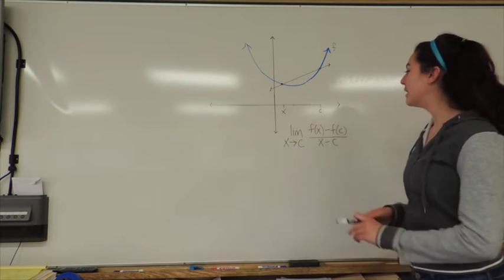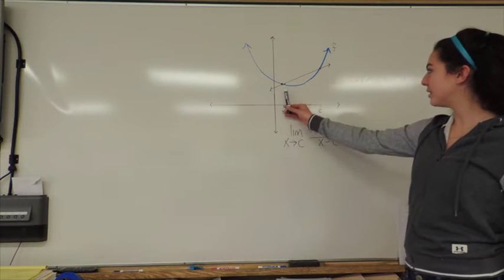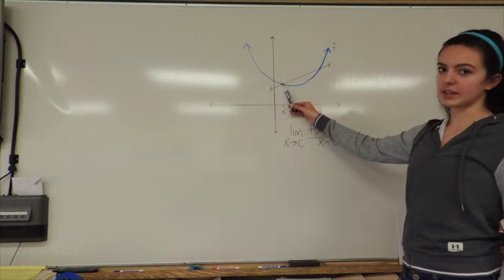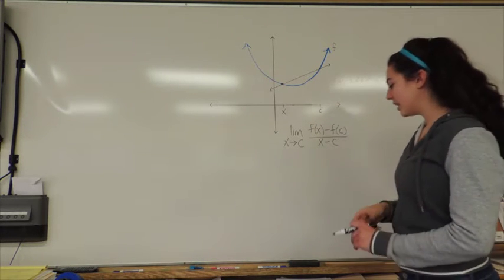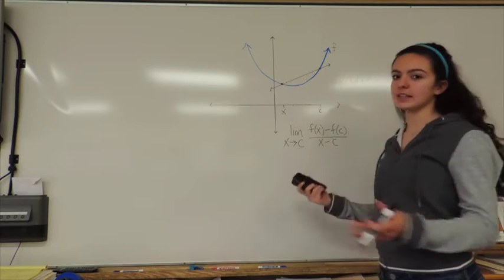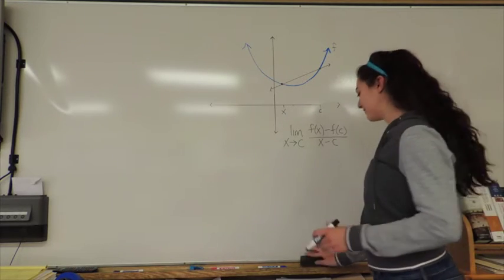When you have the limit, you're saying that x, the first point on the secant line, is getting closer and closer to the other point on the secant line. So we're going to look at what happens to the secant line as x gets closer to c.